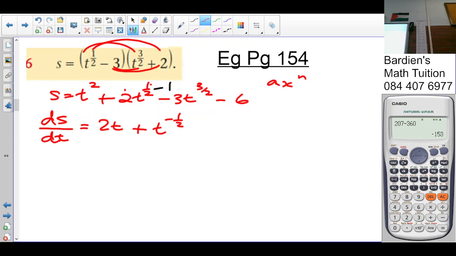Negative 3 times 3 over 2 is negative 9 over 2, t to the power of 1 half. And the constant falls away. Alright? You guys understand? See any confusion there, people?